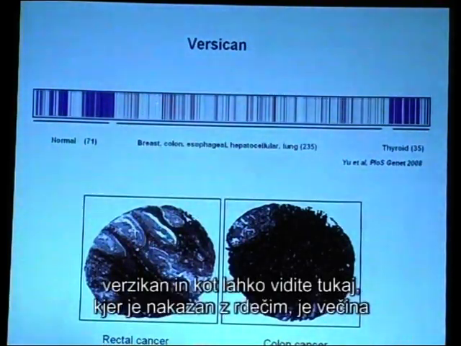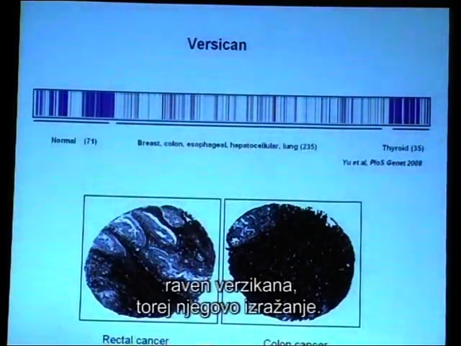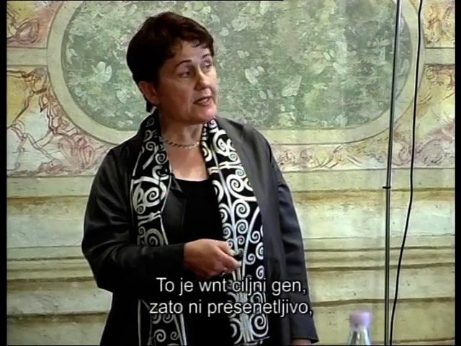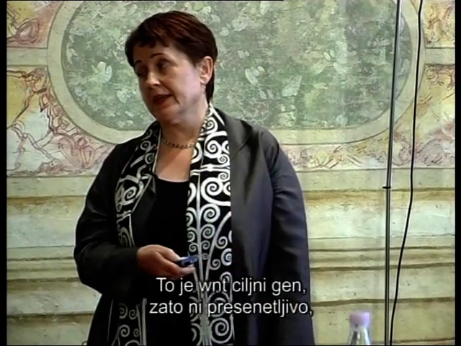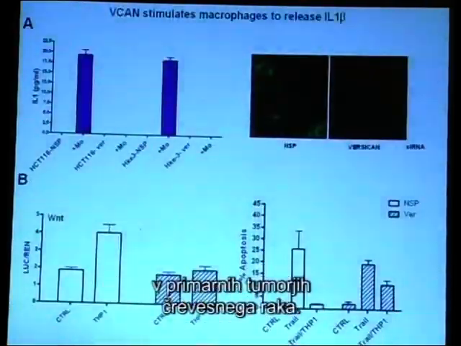And as you can see here, indicated in red, most tumor cells, most human cancers, the exception being thyroid cancer, have significantly elevated levels of versican. Red is elevated expression. And because it's a Wnt target gene, it is not surprisingly highly elevated in colon cancer cells and in primary colon cancer tumors.